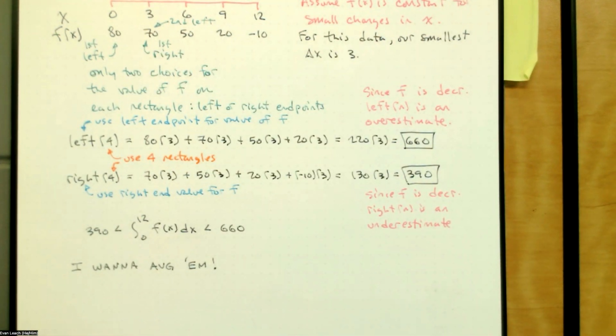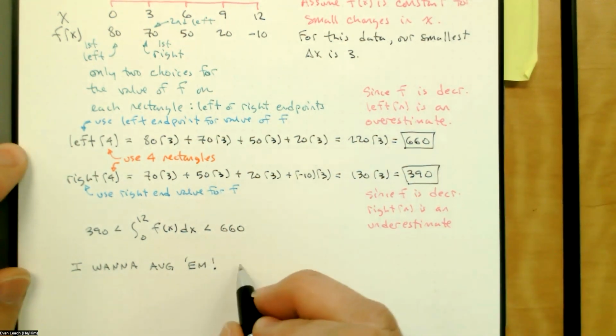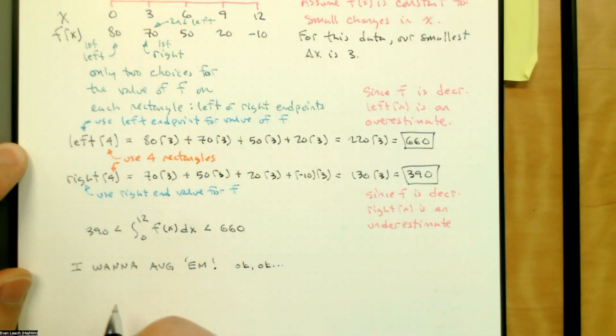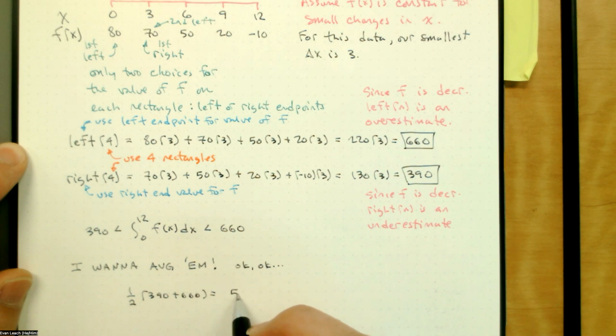We're looking for something in the middle. Let's just think about averaging them. How much was it? 525. Thank you.